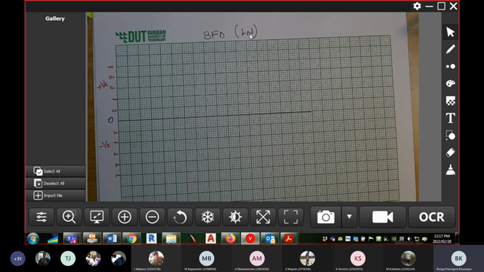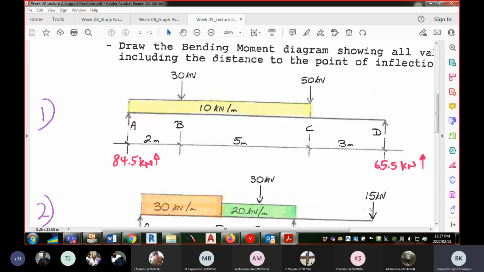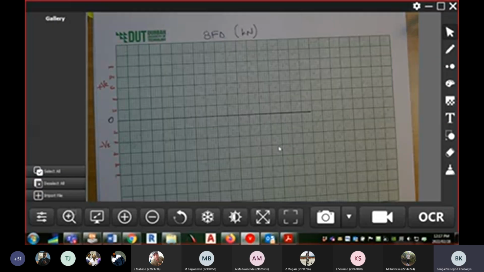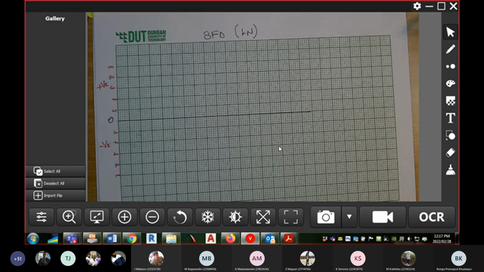Now let's look at the horizontal scale. So how long is this beam? This beam is 10 meters. So how are we going to decide on the horizontal scale? Okay, right. So what if we say 10, 20, 30, 40, 50? I think it's going to work.